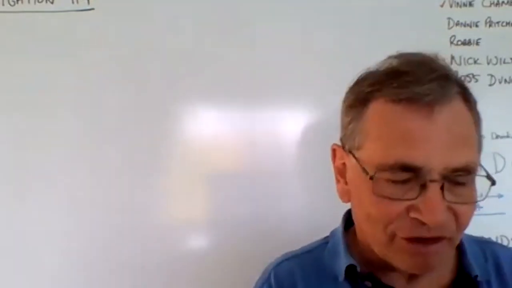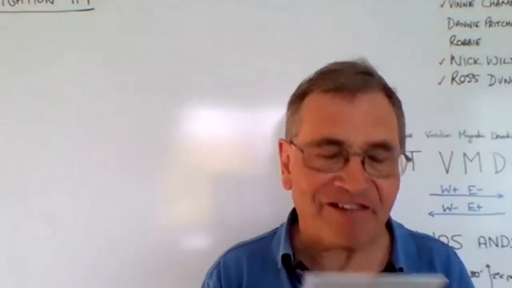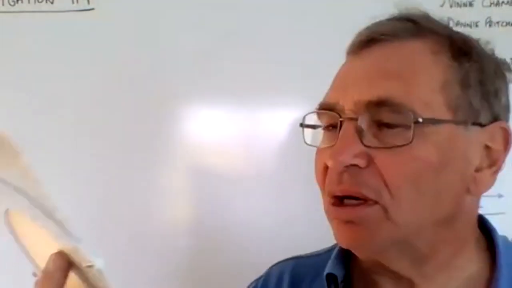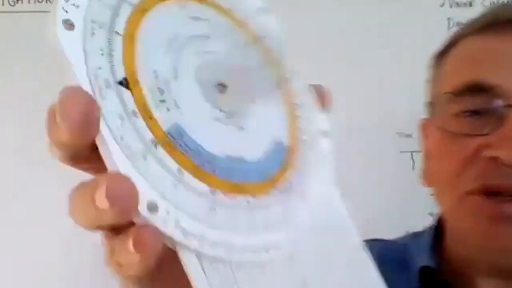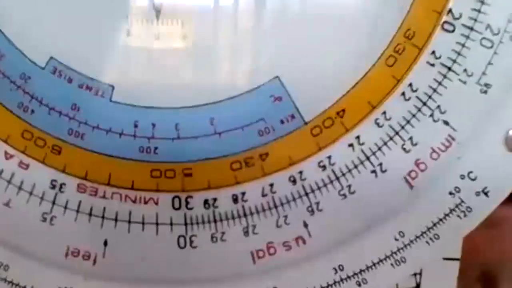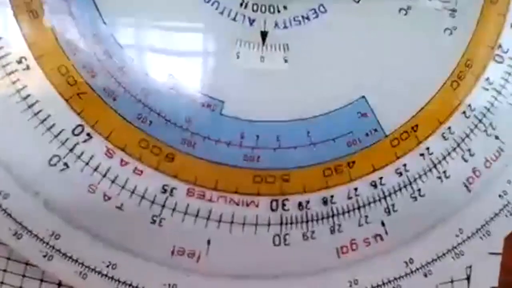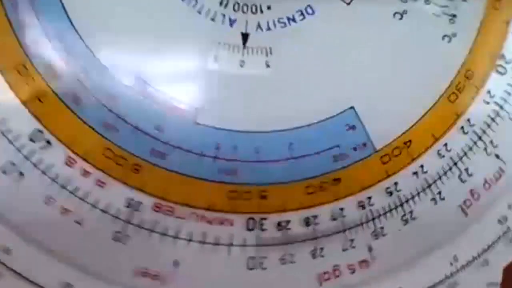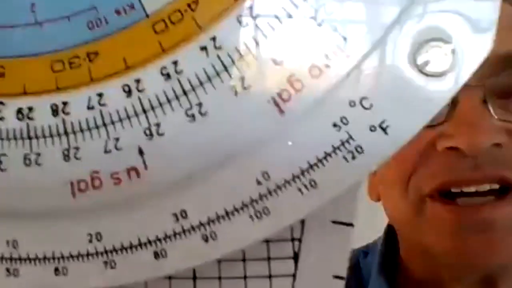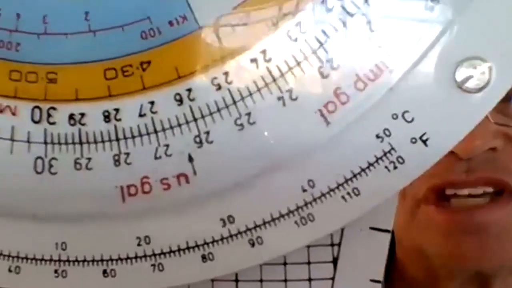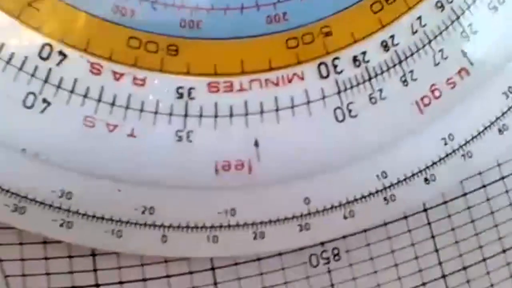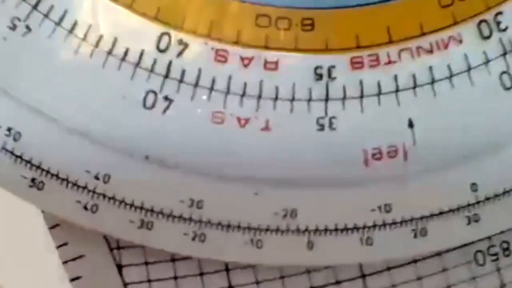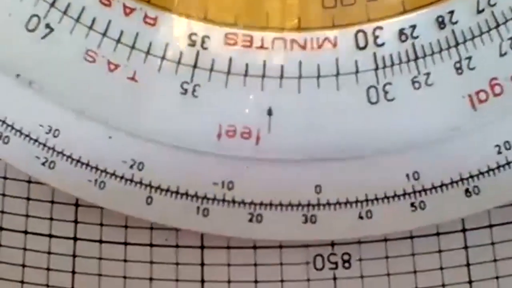A common wobbler is that they'll put in degrees Fahrenheit. So have a look at the bottom of your computer. Can you see there's a scale that's marked, with centigrade and Fahrenheit? Can you see that on the bottom of your CLP computer?